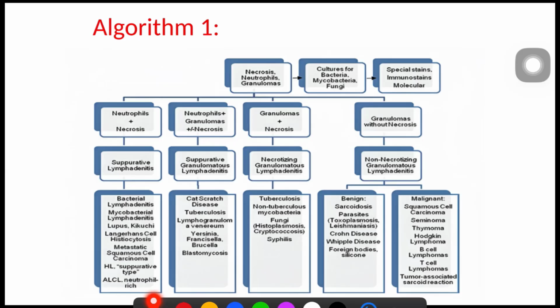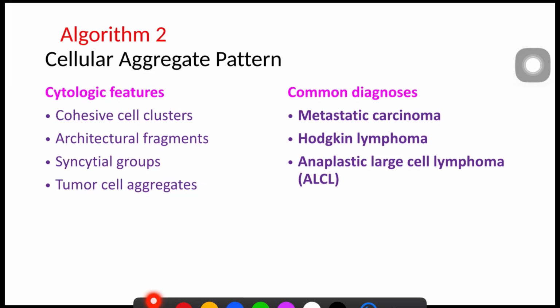In the case of malignant lesions like squamous cell carcinoma, seminoma, thymoma, etc., which may be metastatic to the lymph node, they can also lead to granuloma without necrosis. Hodgkin's lymphoma, B cell lymphoma, T cell lymphoma or tumor-associated sarcoid reaction may also lead to granuloma without necrosis. So this is the important algorithm 1 pattern.